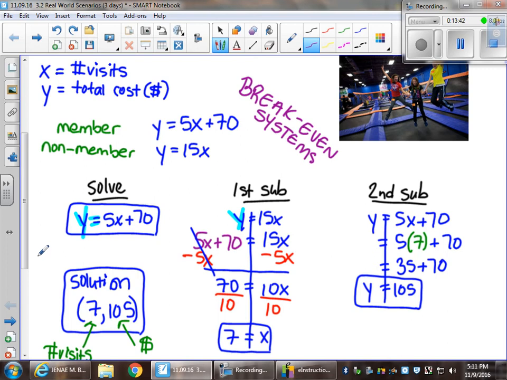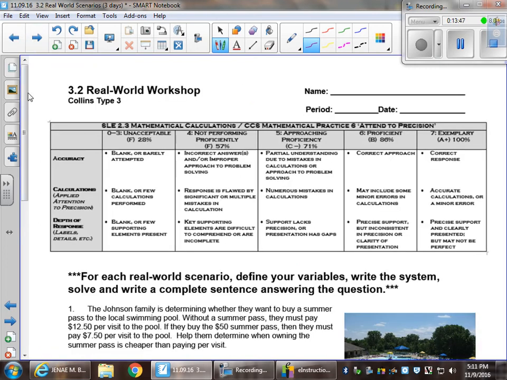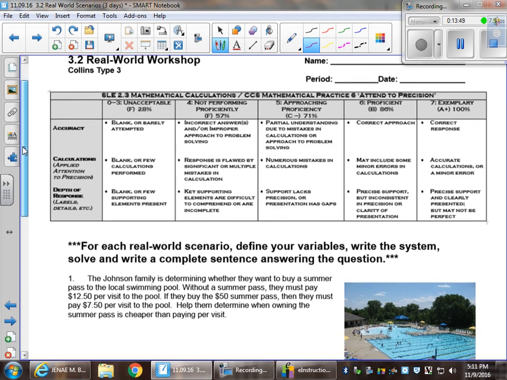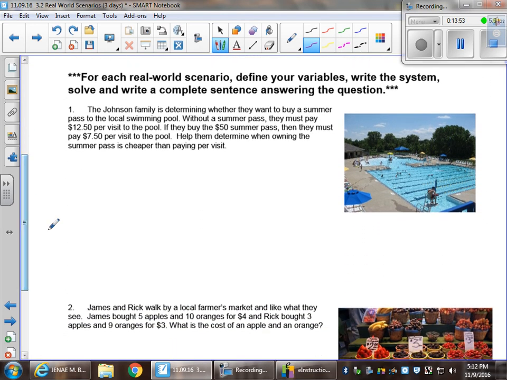After doing this one in class, we started to look at our real world workshop, which will be used for the next 3 school days. And in class, I asked everyone to go ahead and read number 1 and decide what kind of system this will be. The Johnson family is determining whether they want to buy a summer pass to their local swimming pool.